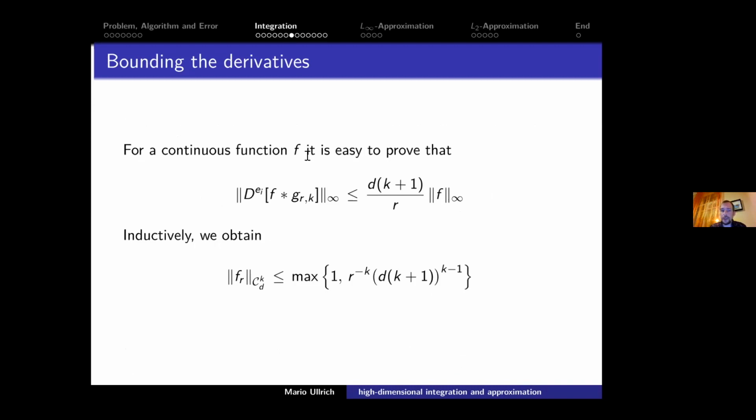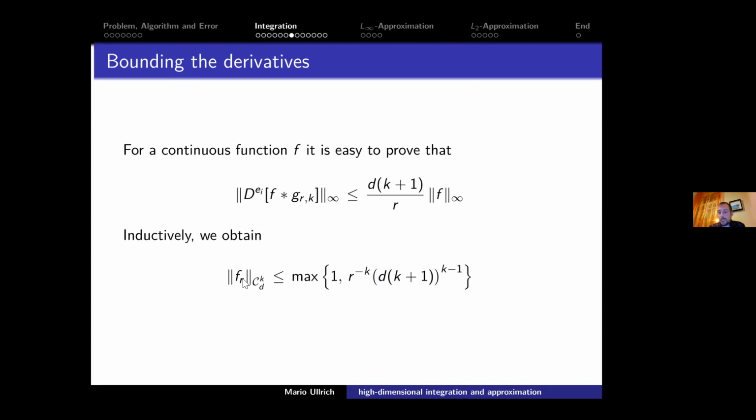Okay, so this is basically all. What we then need to do is find bounds on the derivatives, the infinity norm of the derivatives here. So what we obtain at the end is that this function we just constructed has a norm that is bounded by something that only depends on the smoothness and on d and on the mysterious parameter r. So this is just an upper bound.